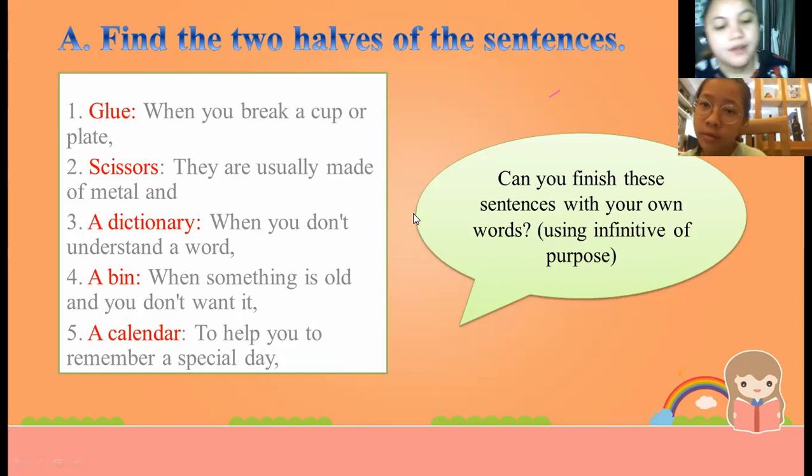How about scissors? They are usually made of metal and, usually, you say usually, made of metal, and you use scissors to cut.